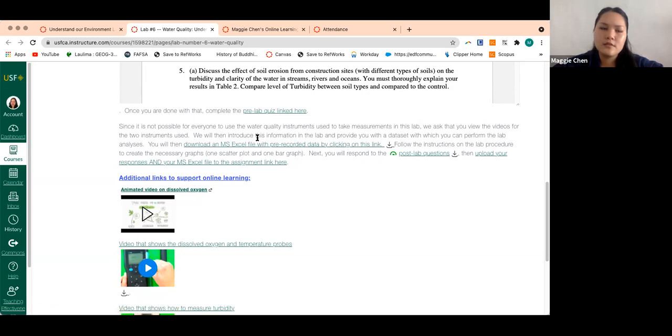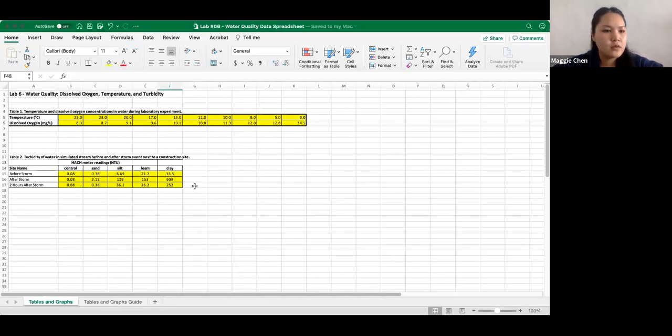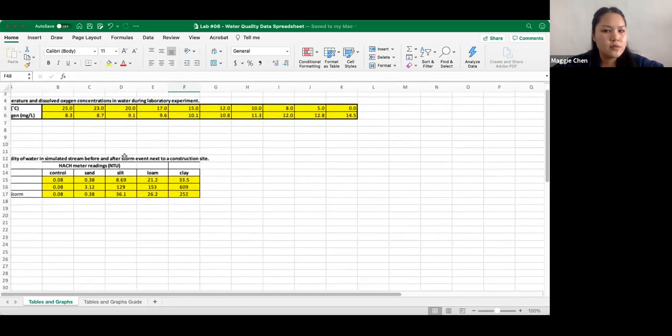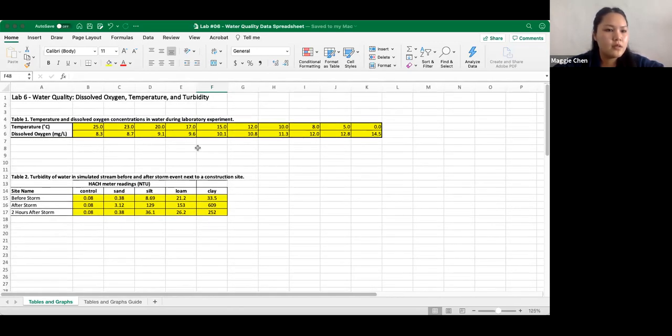If it doesn't download by clicking on this link, you can also click on this black arrow on the side. Once you download that, it would look something like this. So once we're here, this is our Lab 6 water quality data collected by past labs before.